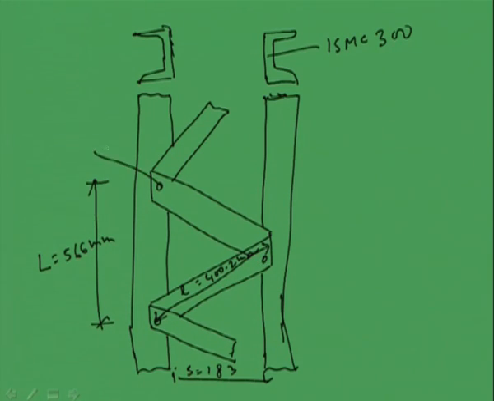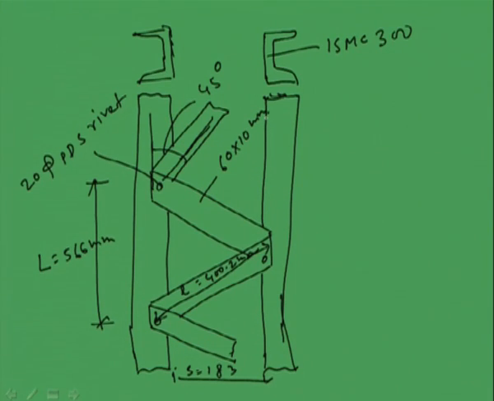This rivet is a 20 mm diameter power driven shop rivet, right, and this angle we have designed considering as 45 degree, and the dimension of this lacing is 60 by 10 mm, right.